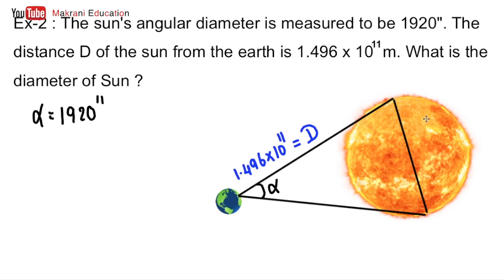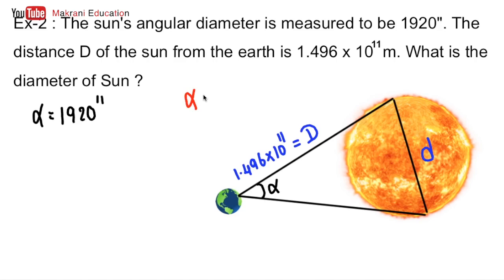We need to find out small d, and we will be using the same parallax method, the same formula, but here the angular diameter is given as alpha.